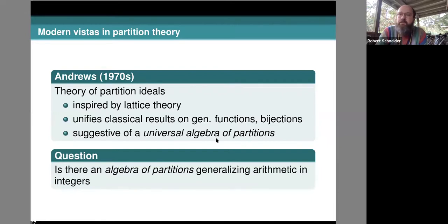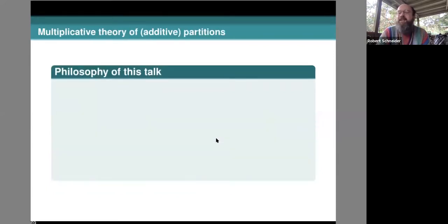The theorems of arithmetic we already have somehow make sense for partitions. Now by integers, we mean prime partitions in the sense of Alladi-Erdős. Is there an algebra of partitions that generalizes arithmetic in the integers? That to me is a really inspiring question, and it inspired much of my PhD work and currently inspires much of my work. I think I'm chasing that question, even in my dreams.